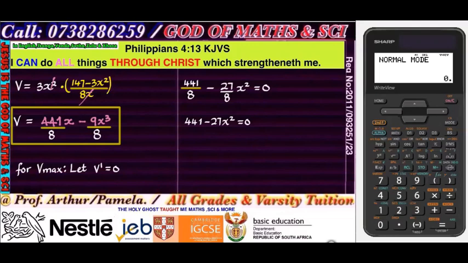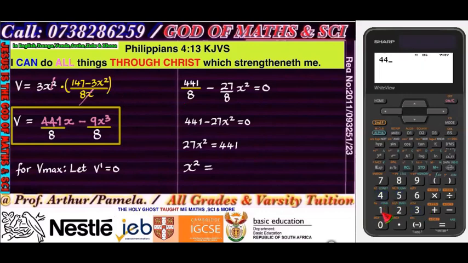Transpose, you now have 27x squared equals 441. Divide by 27 both sides.